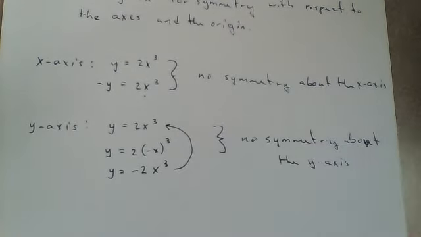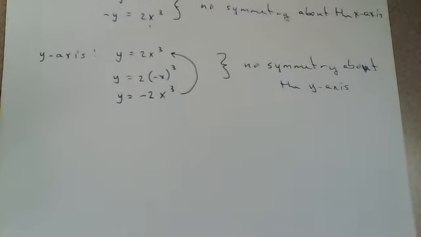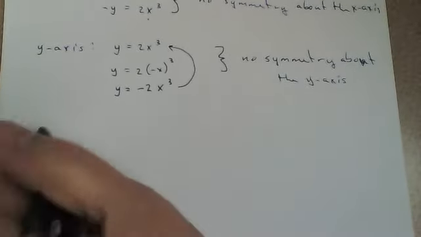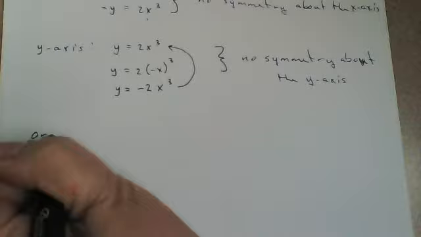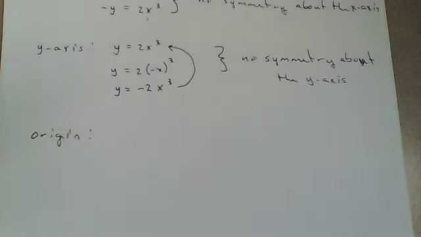y-axis. The last thing we need to check is the origin, right? And if you remember correctly, when we're talking about the origin, we make both x and y negative or opposite of what they were, right?